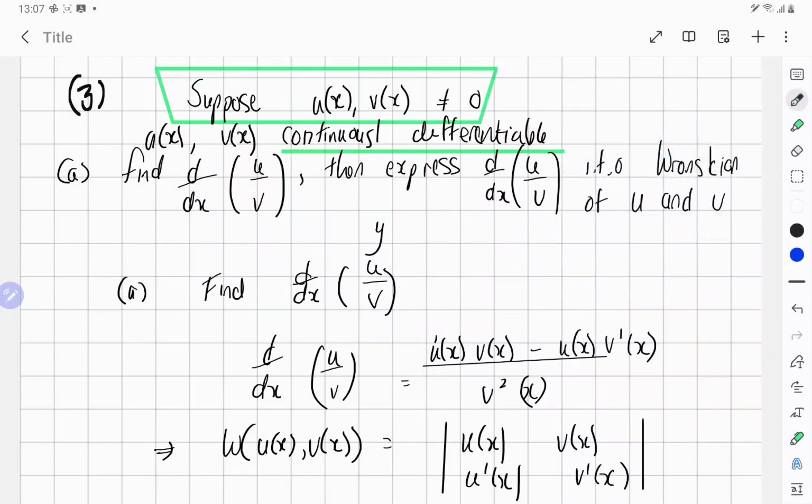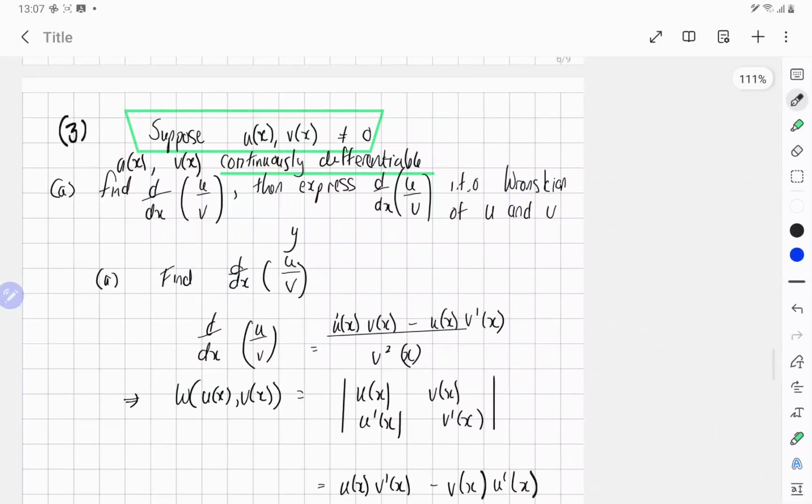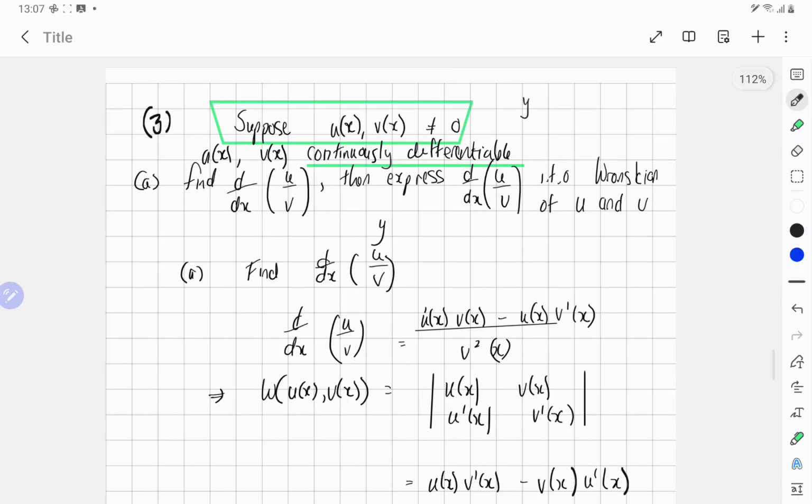Now, what does continuously differentiable mean? It just means that all the higher order derivatives, whatever you need, will be defined for all x in an interval.